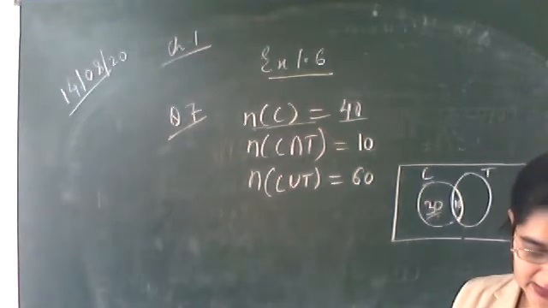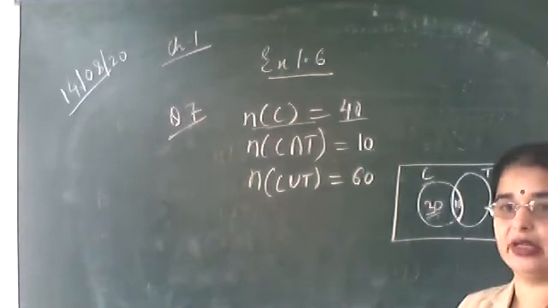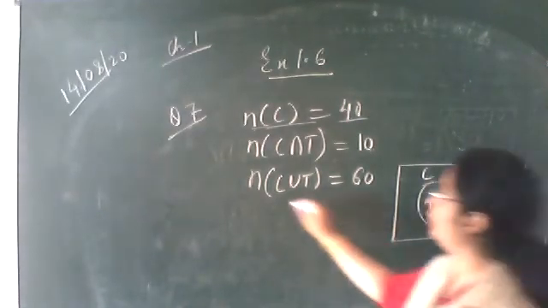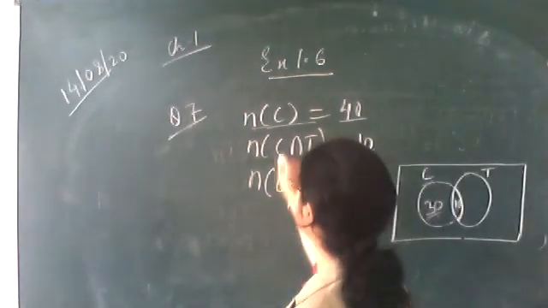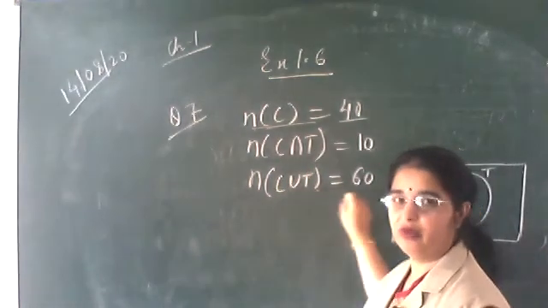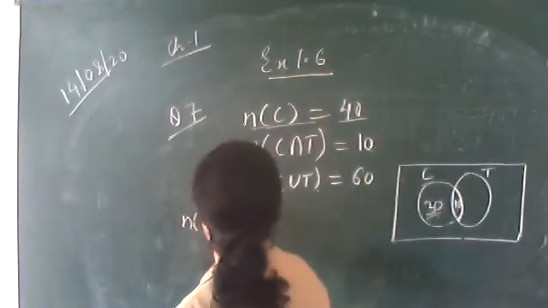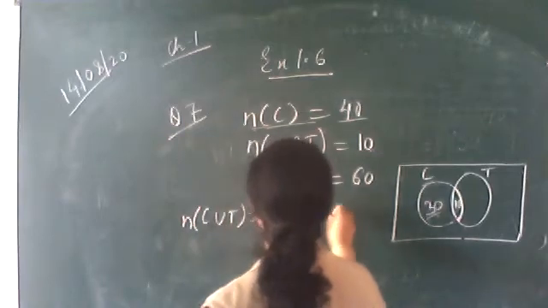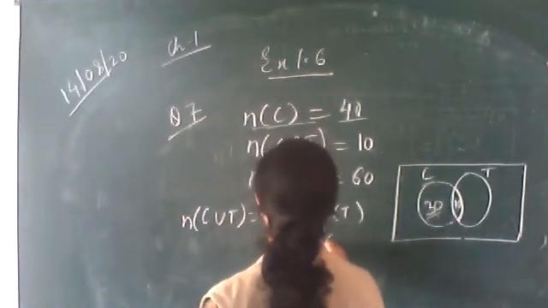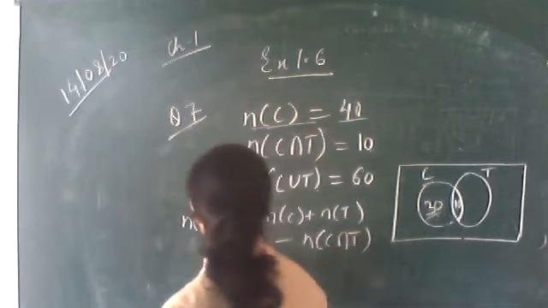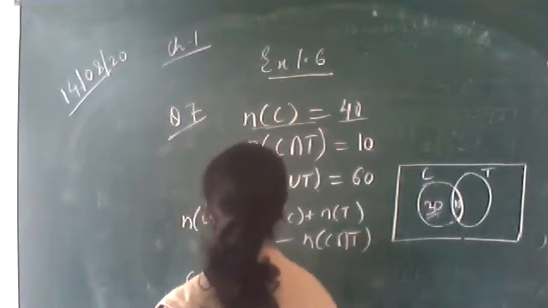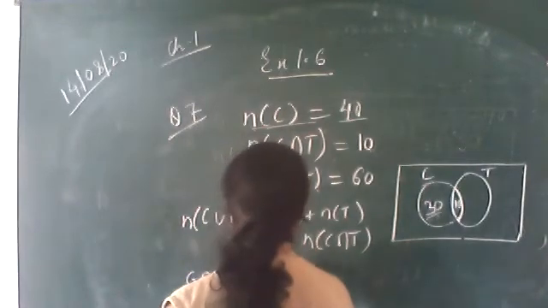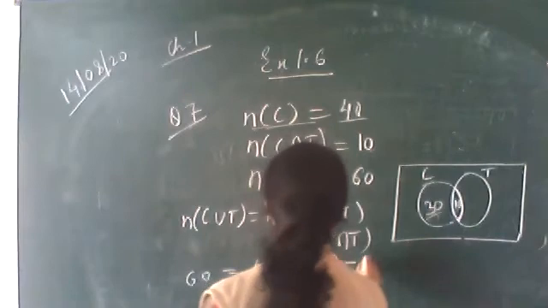This is the question: they are asking how many like tennis only, not cricket. So we have to put here how many like tennis only. First of all, what we have to find? The number of people who like tennis. With the formula you can find: n of C union T is equal to n of C plus n of T minus n of C intersection T. So 60 is equal to n of C, which is 40, plus n of T minus 10.